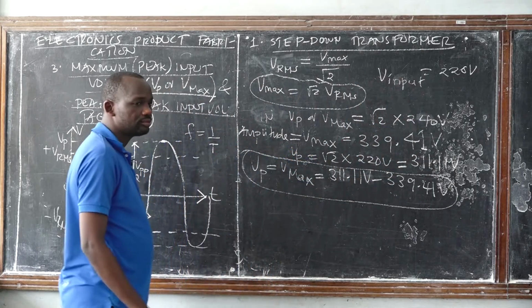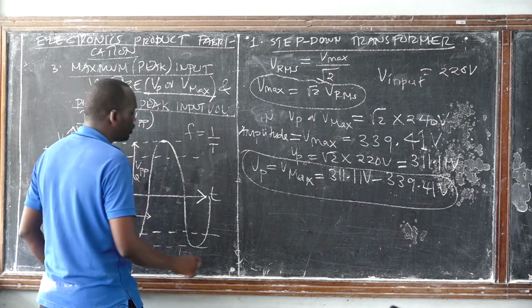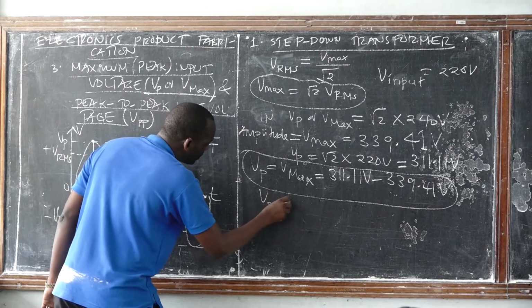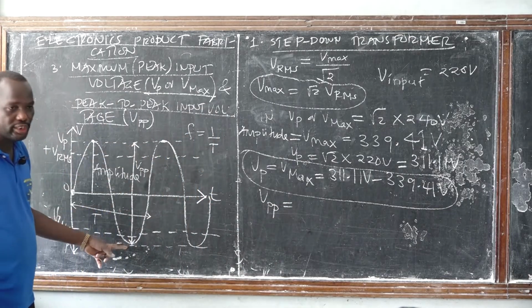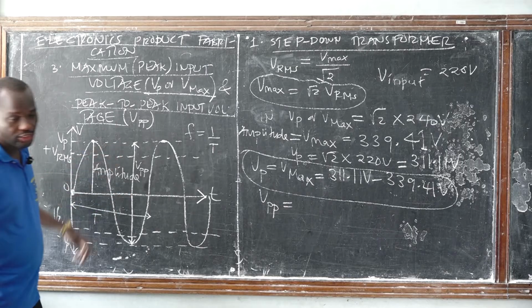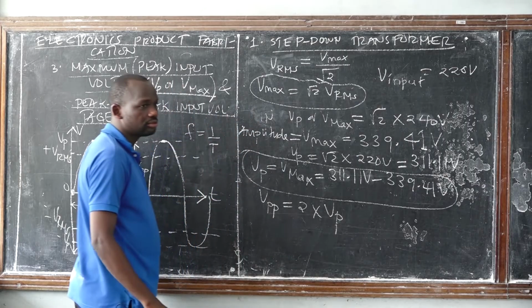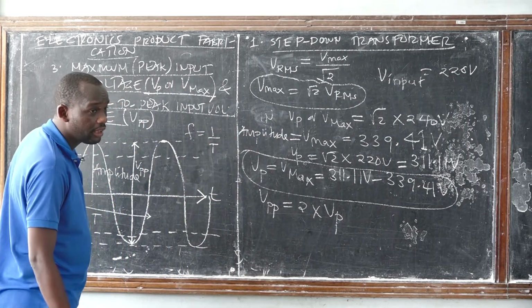There's no problem. Then another parameter which we mentioned, peak to peak voltage. Peak to peak voltage is this one, the distance from here to here, which is twice the distance from here to here, right? So it means that peak to peak voltage is equal to 2 times V peak. Okay?